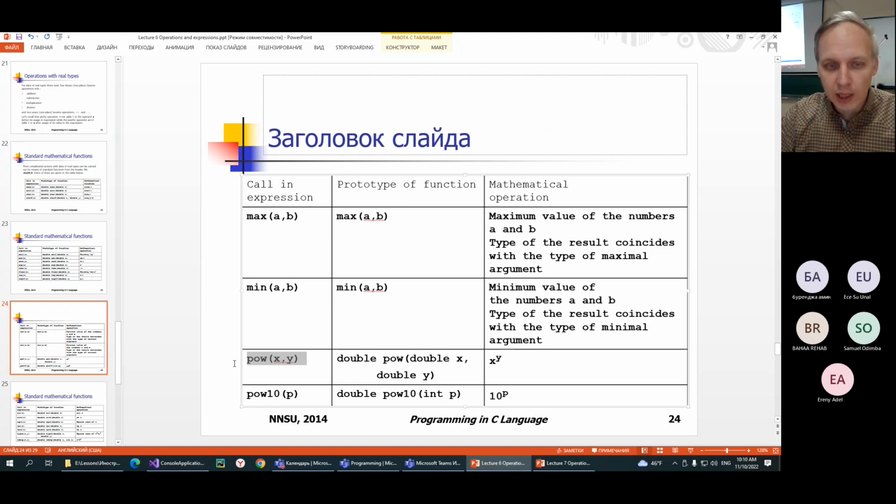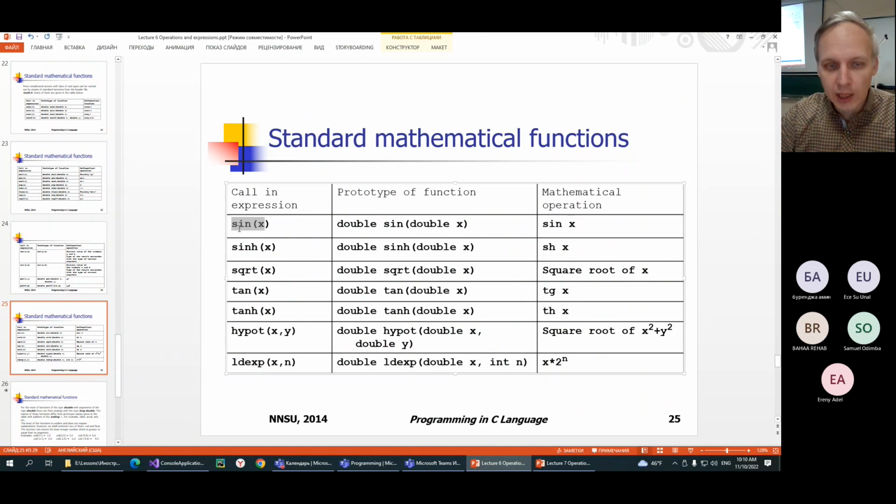The function pow has two parameters, x and y, and the result is x to the power y. Pow10 has a result of 10 raised to the power p. Sinus, hyperbolic sinus, very important function, square root.